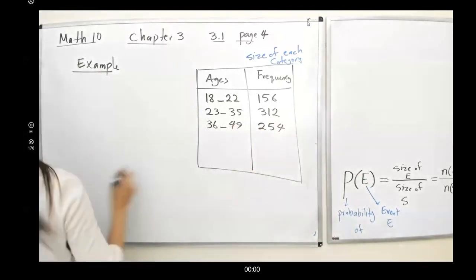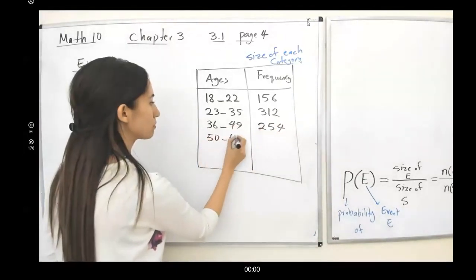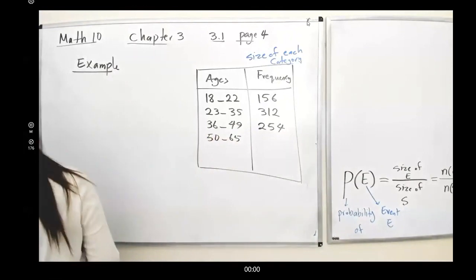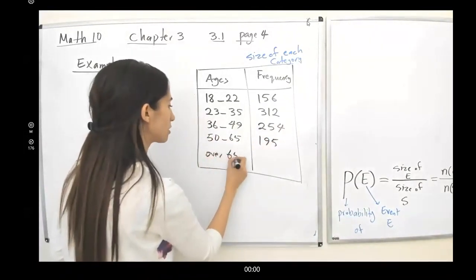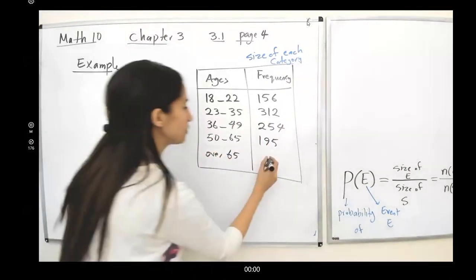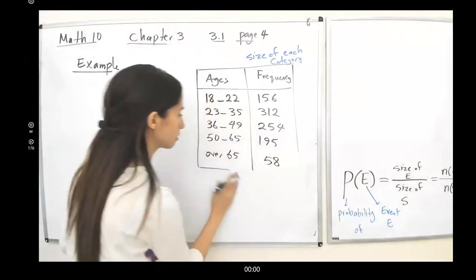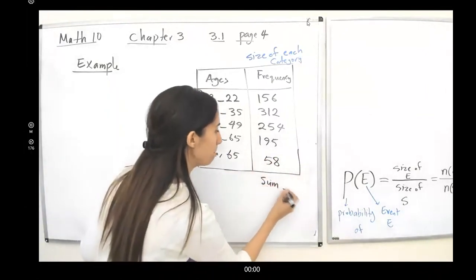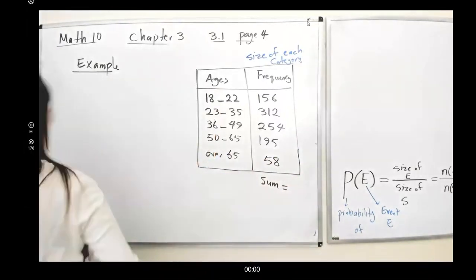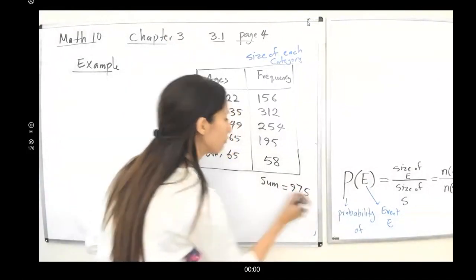And then 50 to 65, you have the category size 195, and over 65, the category size is 58. Perfect. And the total sum is equal to the sum of all frequencies, 975.